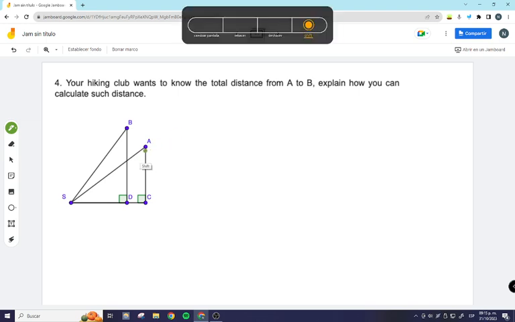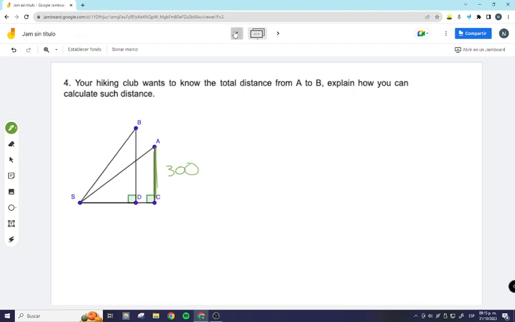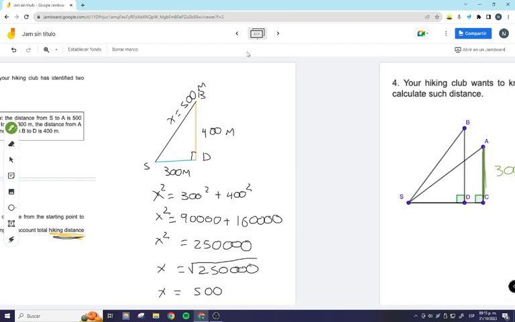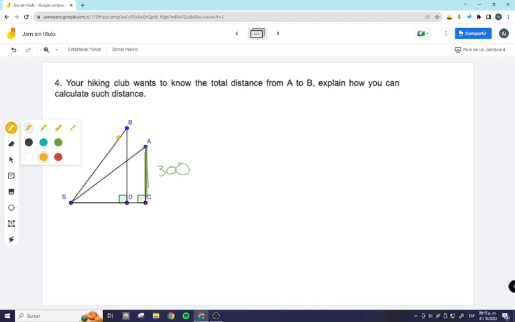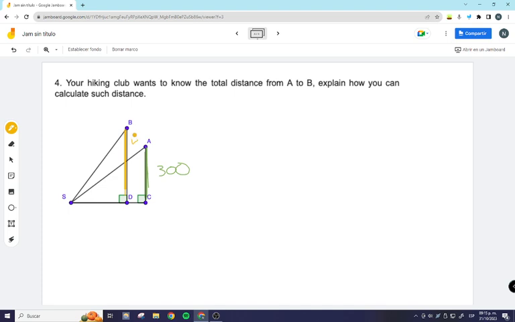Okay, let me put it again here. This one is 300. What colors did I use? Yellow. This one is 400 meters.